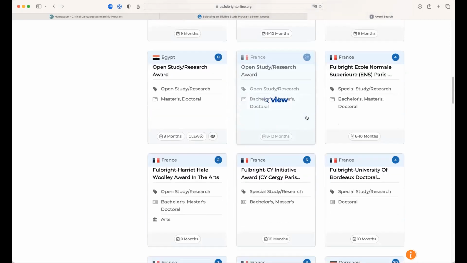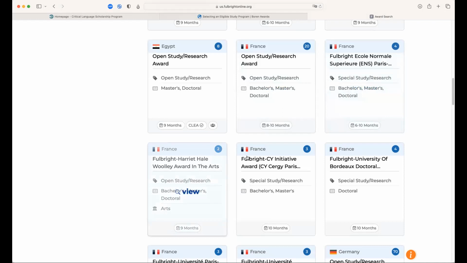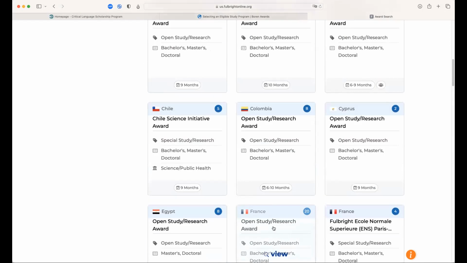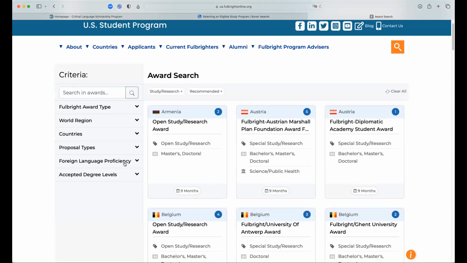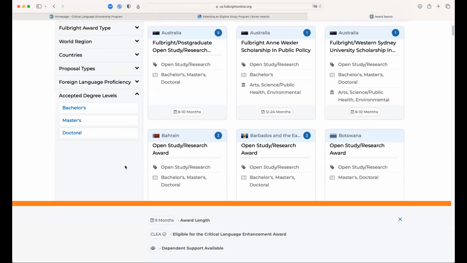Because if we look past this, you'll see that there are actually 4, 2, 3, 4, 3, and 3. So let me add that up. There are in total 39 Fulbright student awards to France that have a recommended language proficiency.